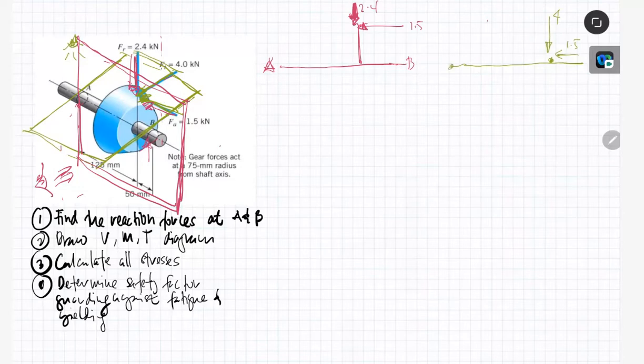Okay, this A is the B. Then we could do the reaction force for A here. And another one reaction force, this one. Because this the forces and the reaction force here.